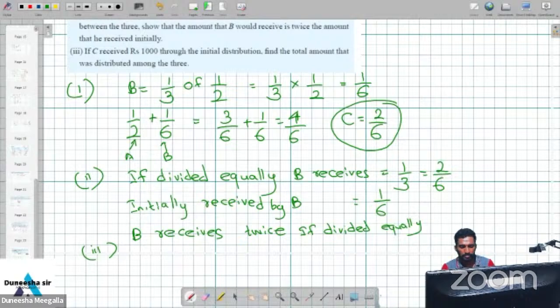Did you get it? C receives 1000 rupees. You have to find the total amount distributed.